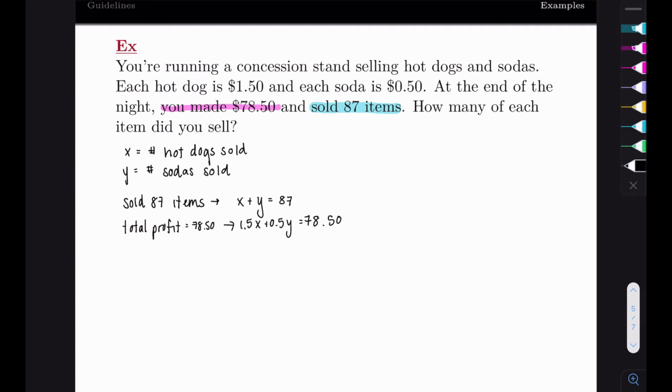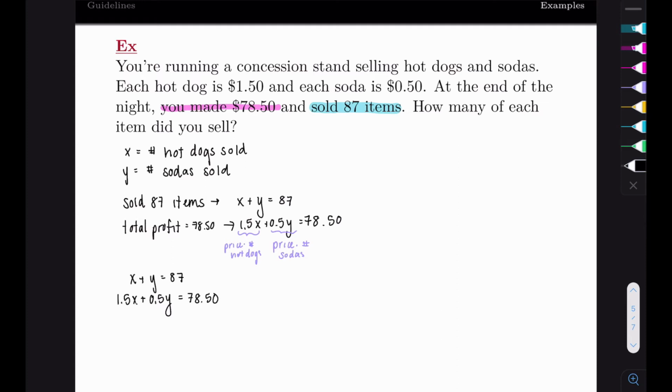So I take the price and I times it by the number of that item. So this first one is the price times the number of hot dogs. And this one is the price times the number of sodas. And that gives us our total profit. So we are set. We have our system. x plus y has to equal 87. And then 1.5x plus 0.5y needs to equal 78.50.